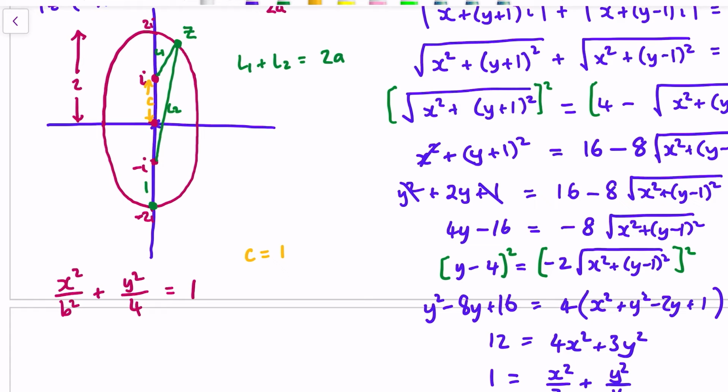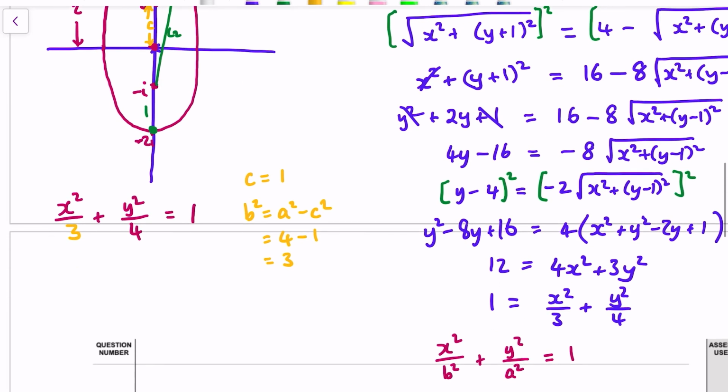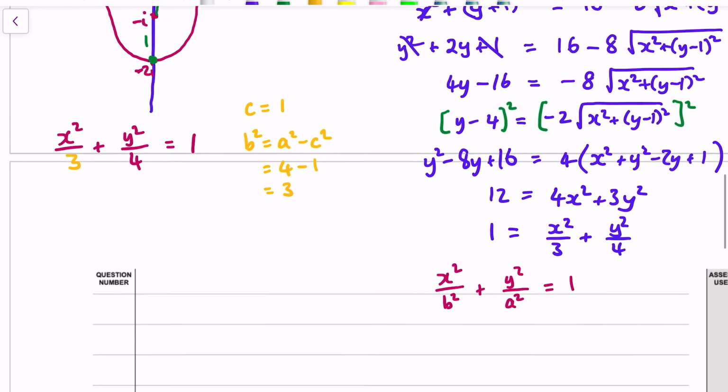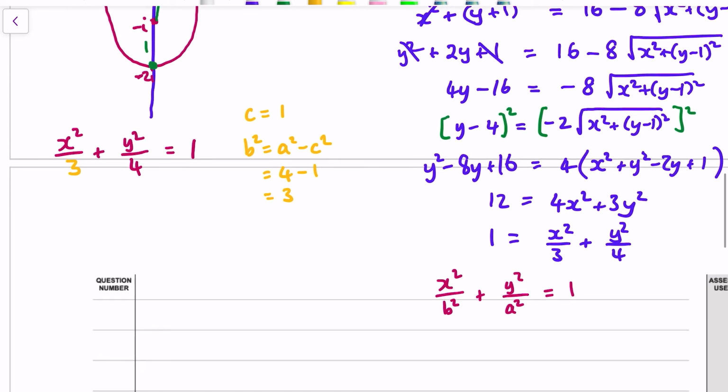It is b squared equals a squared minus c squared. Now we know a squared is 4, and c is 1, so c squared is 1. So b squared is 3. And therefore x squared over 3 plus y squared over 4 equals 1. And that's the equation straight out of the picture, as opposed to deriving it using algebra.